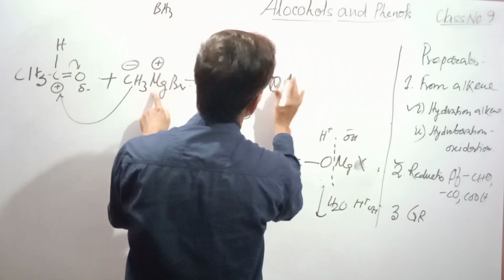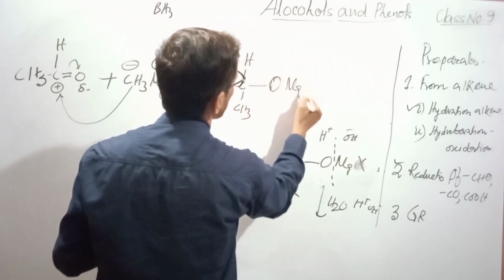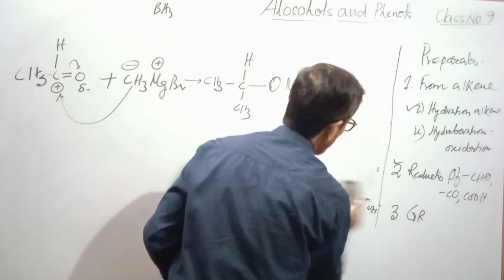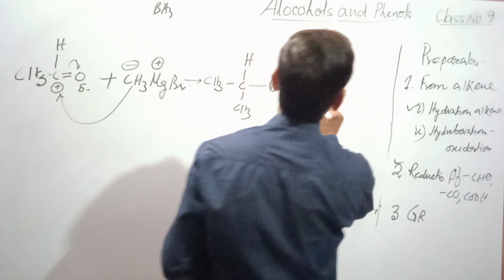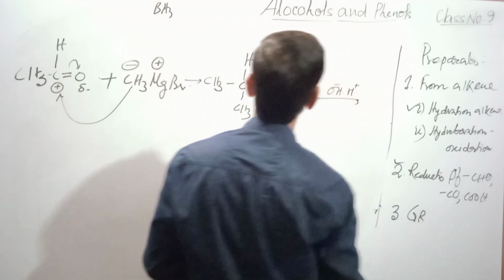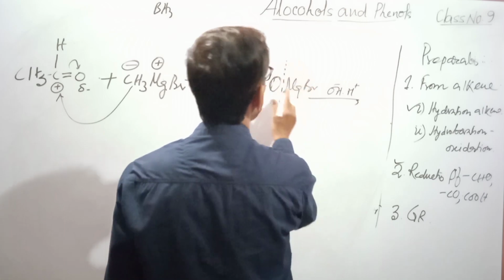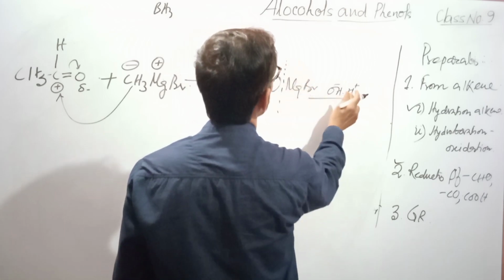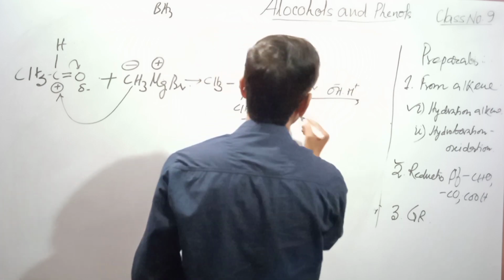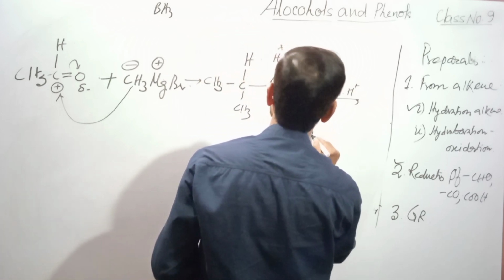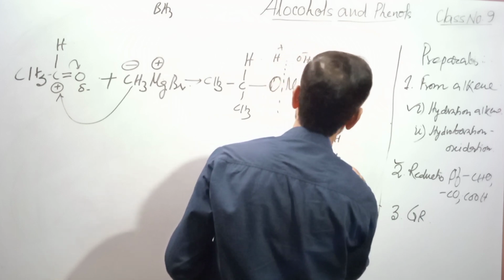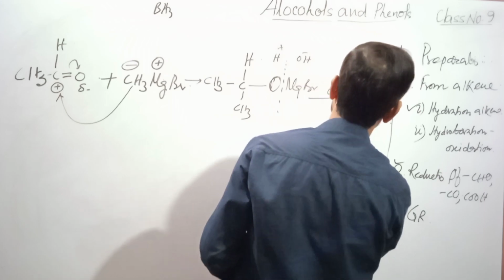So O MgBr. Am I right? So the last part is very important and very simple. Hydrolysis means O is negative and H is positive, so the positive part will come here and the negative part will go there. So what we get here is CH3 CH CH3 OH.